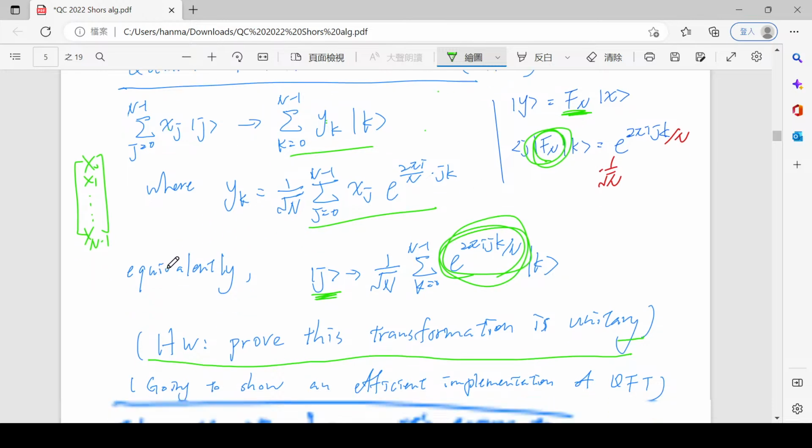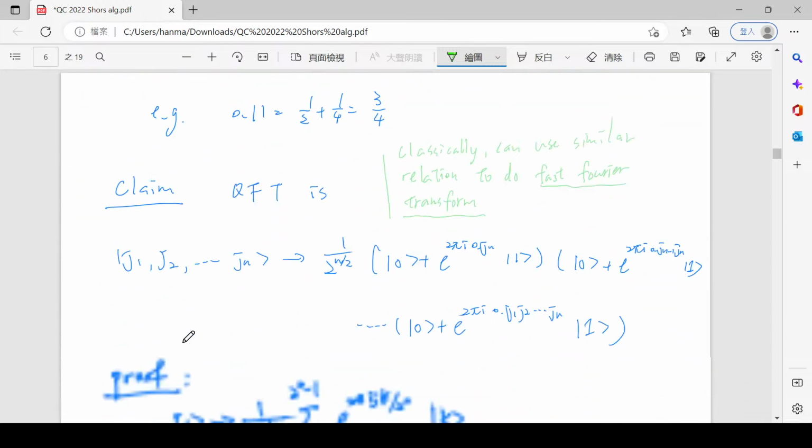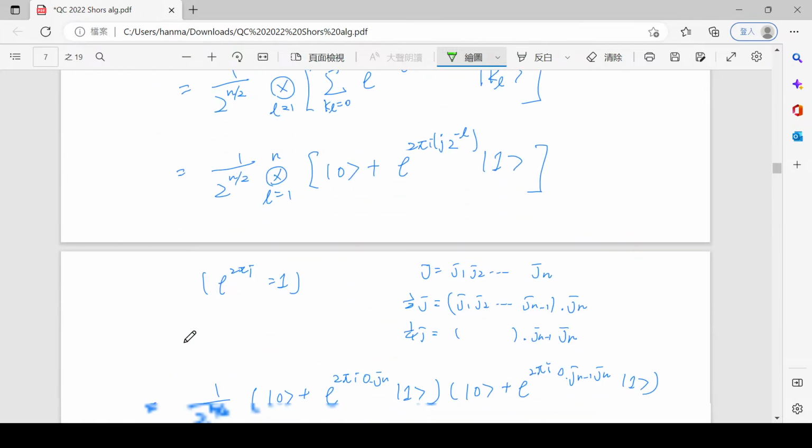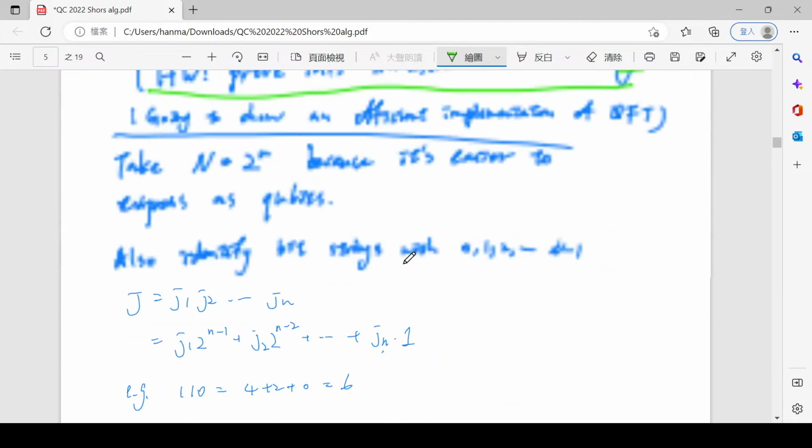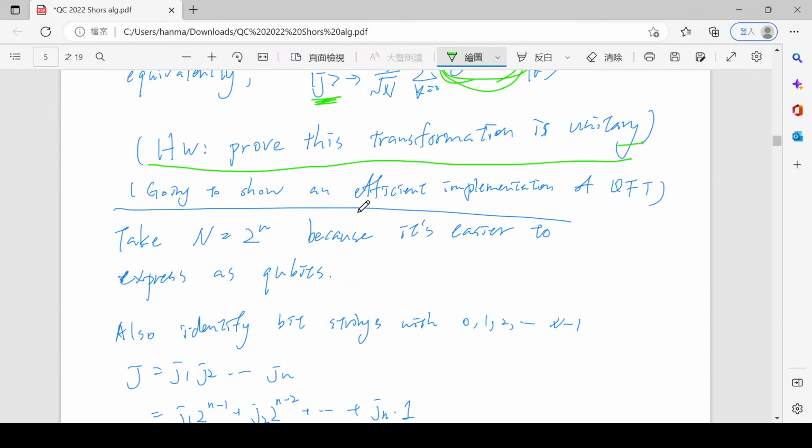If not, then we don't have enough time to finish all this, but let's start a little bit. We will start from here once again, but this is very complicated, so maybe it's a good idea to go over this twice. We say that quantum Fourier transform can be implemented very efficiently, and here we show how to efficiently implement it.